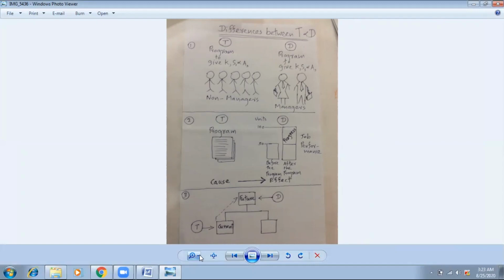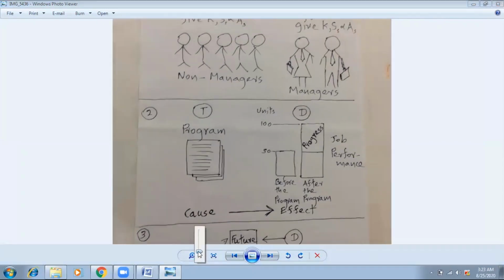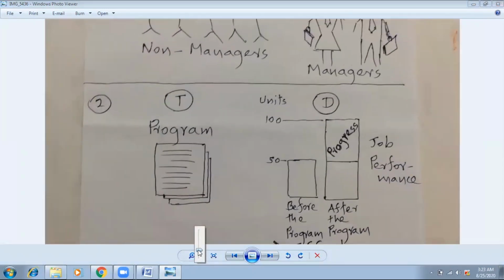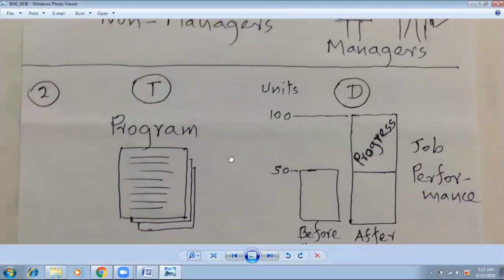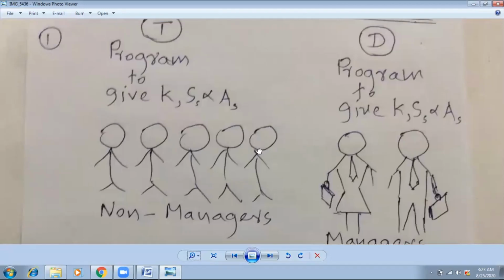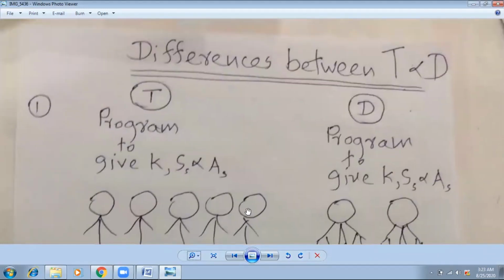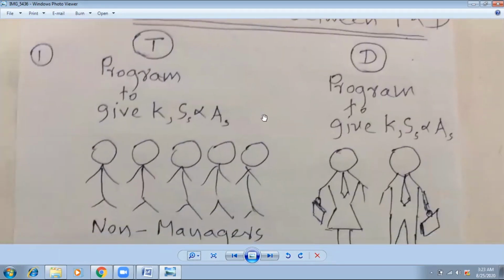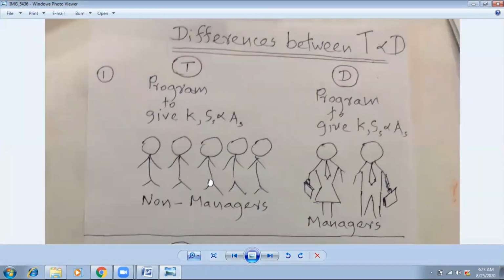That is about distinguishing between training and development, the differences between training and development. Have a serious look. Here the T, training, and here the development.